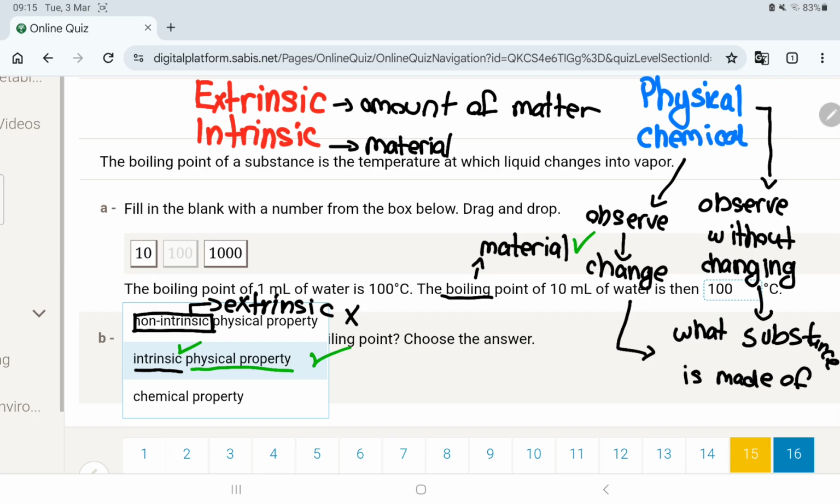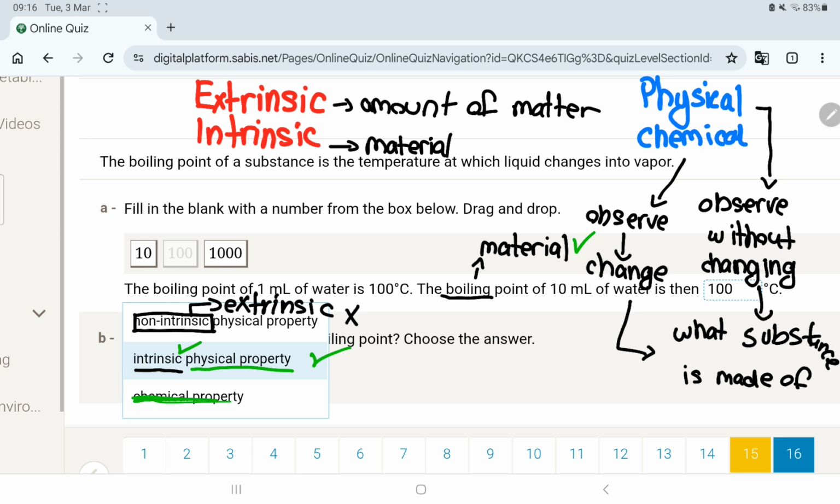I state to you guys, water boils at 100 degrees. Will the water change into carbon? No. Will it change into oxygen? No. It's still water that boils at 100 degrees. Why isn't it a chemical property here? If I say water boils at 100, once again, it won't change that it's water.